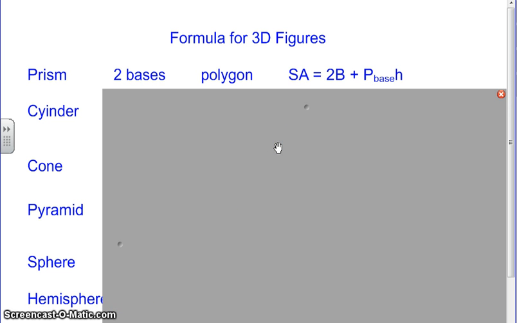Good. Now a cylinder, how many bases does it have? 2. Cylinder has 2. And what shape are the bases? Circles. So let's be more specific. It uses this same formula for surface area, but instead of saying base area, give me the area of a circle then, right? Instead of saying perimeter, give me circumference, right?